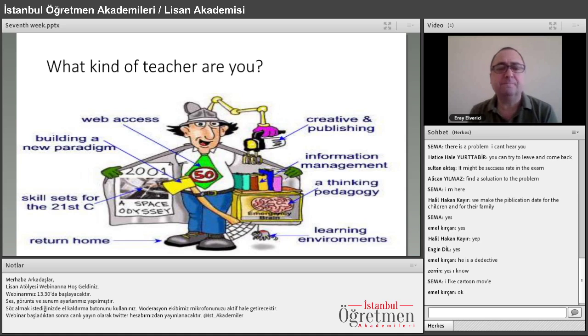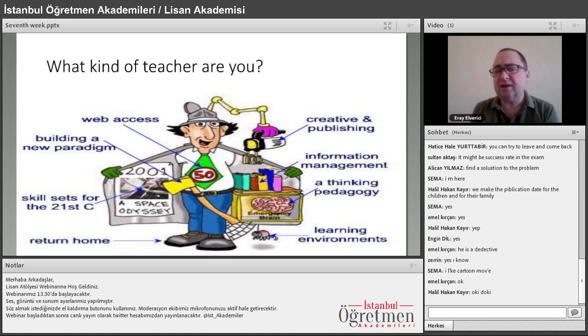So, it looks like most of the teachers are like this inspector. We have everything in our pocket. Of course, it's our brain, it's our head. We don't have real life gadgets like this, but we have ideas in our mind. And here it says, what kind of teacher are you? Are you a teacher like Inspector Gadget?